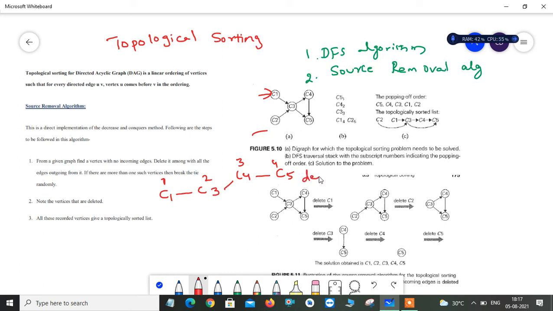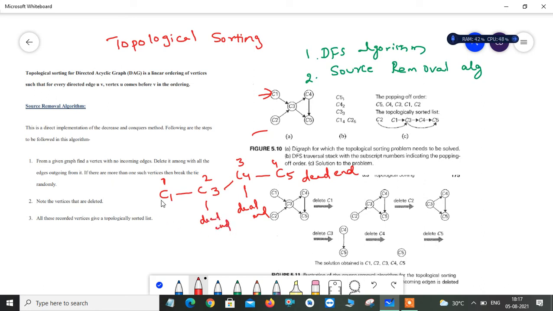Then from C4 again I'm trying, and only C5 is there. C5 is already visited, so C4 is also a dead end. For C3, again I'm finding C4 and C5, and C5 is already visited, so C3 is a dead end.